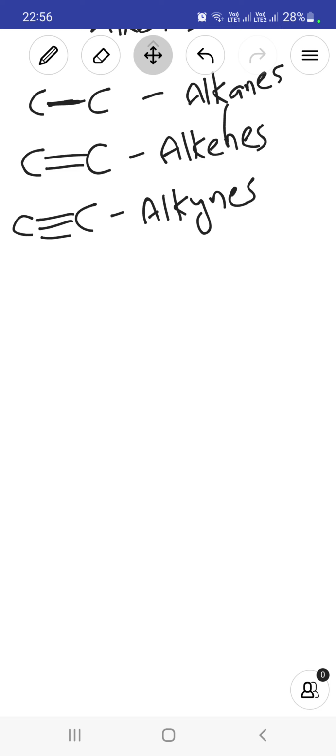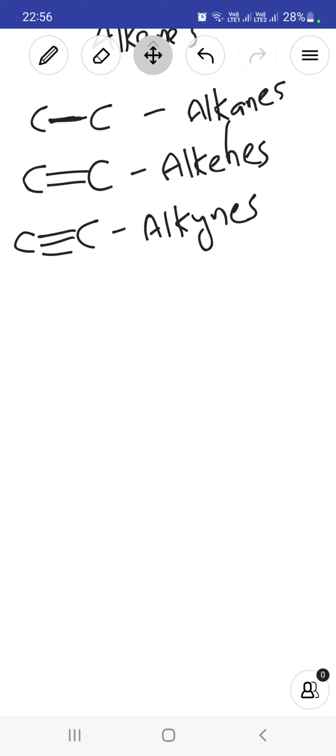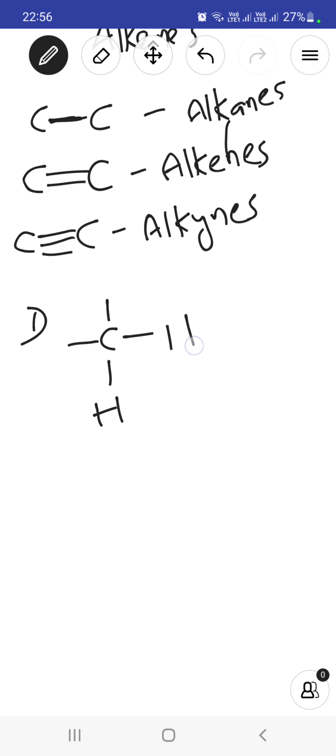So my first question: I'm going to draw an organic compound. There is one carbon atom with single bonds between carbon and hydrogen atoms. What is the name of this compound? What will be the general name of this compound?